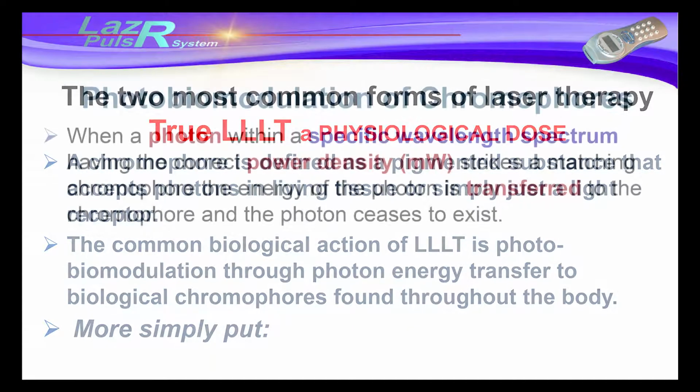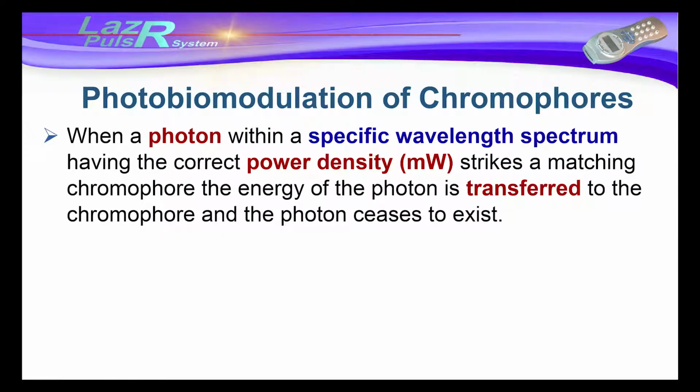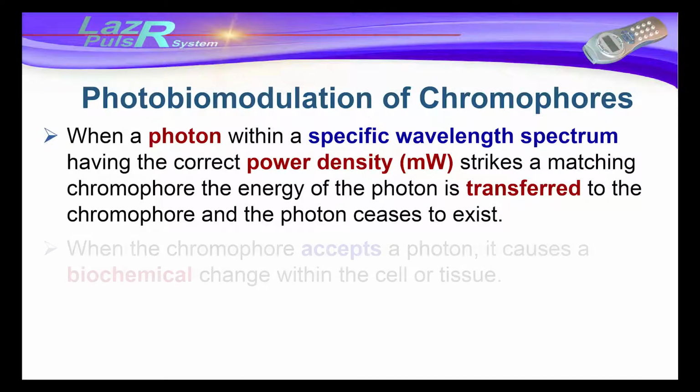More simply put, when a photon, which is defined as a single ray of light or a ray of electromagnetic energy, which is also called a quantum, within a specific wavelength spectrum and having the correct power density or milliwatts of power, strikes a matching chromophore, the energy of the photon is transferred to the chromophore, and the photon, being pure energy, ceases to exist at that point.